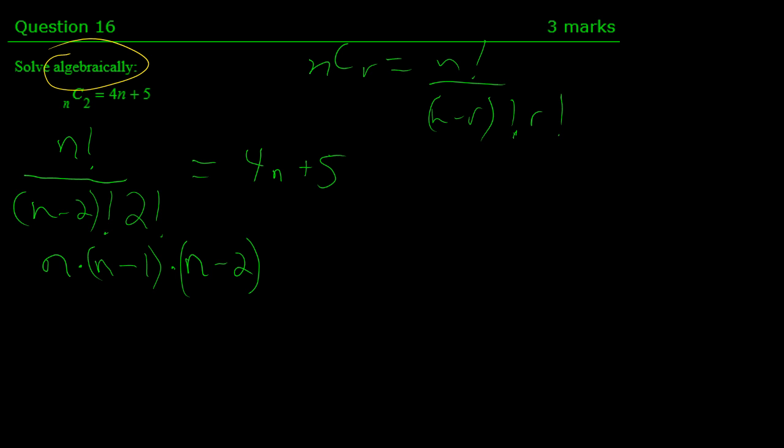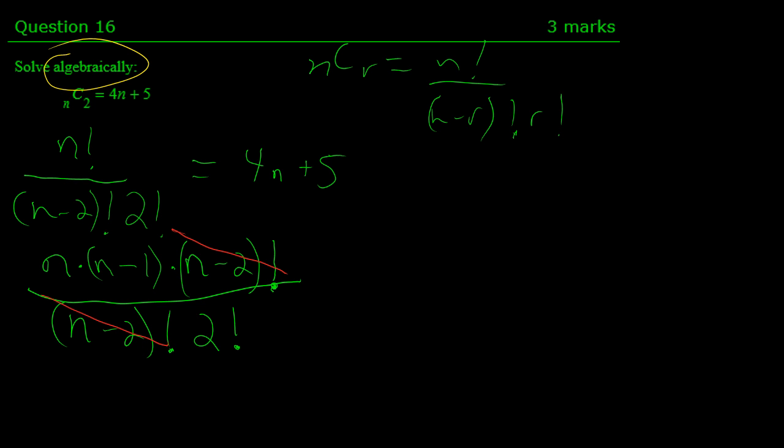Whenever you stop a factorial expansion, you have to end it with a factorial. And the reason I am ending that expansion is because I already have n minus 2 factorial on the bottom. So the only time you can cancel is when you have multiplication and division, and this involves straight division, and it would leave me a 1.